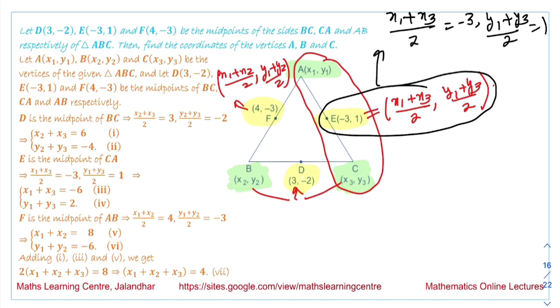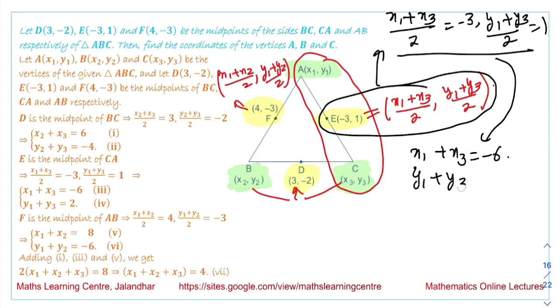So the equations we get corresponding to this are x1 plus x3 is equal to minus 6, and y1 plus y3 is equal to 2. These equations are mentioned over here.